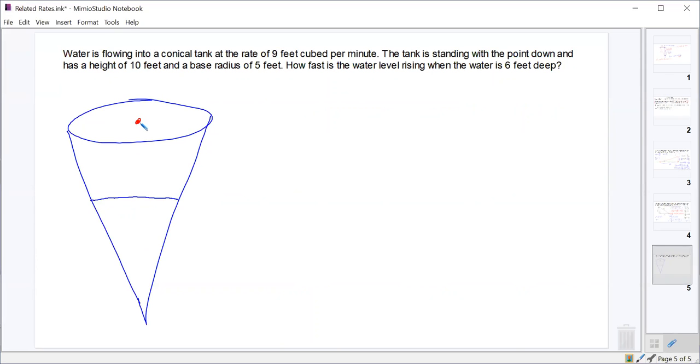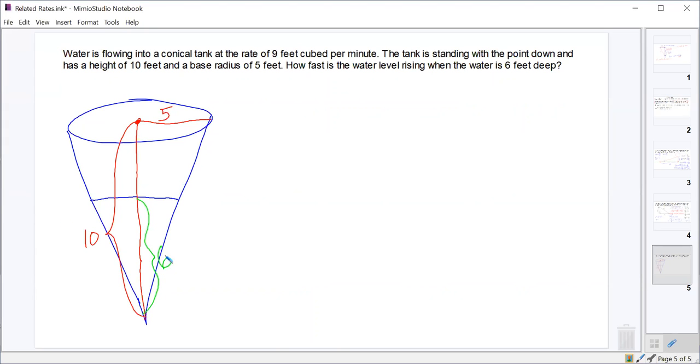The height of 10 and the radius of 5. All right. So the entire height here is 10. And the radius is 5. And then we are interested in how fast the water level is rising when the actual water level is 6.